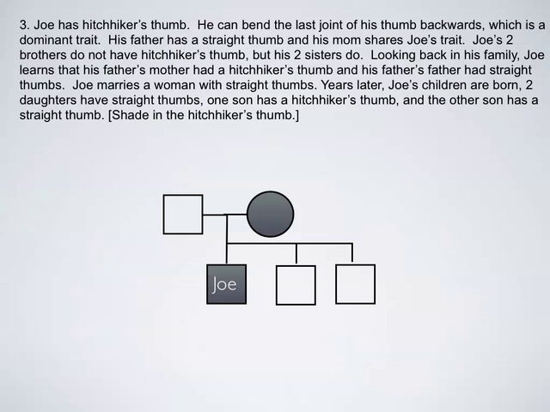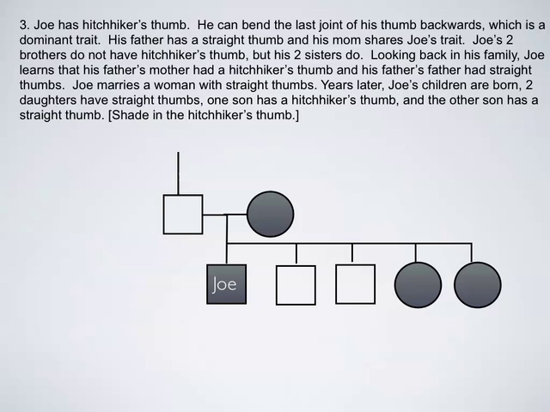If they're girls and they do have the trait, what symbol do we use? Yep. Colored in circles. Yes, two circles colored in. Now you may have put them on the other side of Joe. That's fine. The order is not really important as long as they're connected in the proper way. The problem is that next we're going to talk about Joe and his wife, so you need some space.